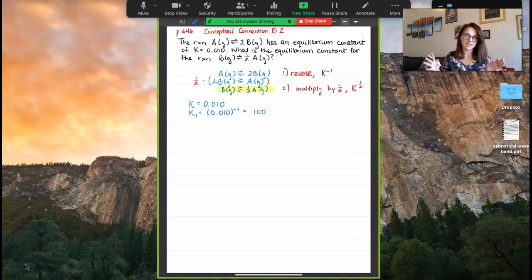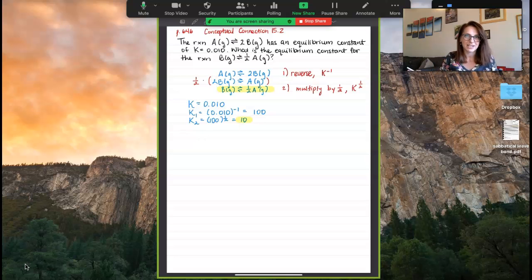And then the second manipulation we do is multiply the reaction by 1/2. And so we raise that 100 to the 1/2 power, and that's where you would get 10. So the equilibrium constant for the reaction that I want to study in the laboratory is 10.